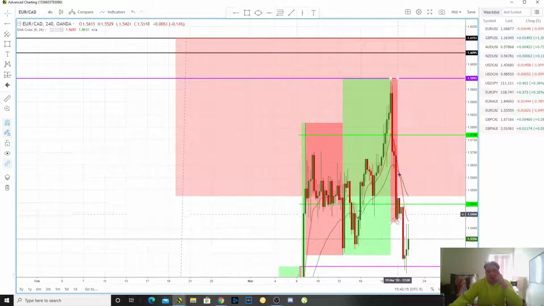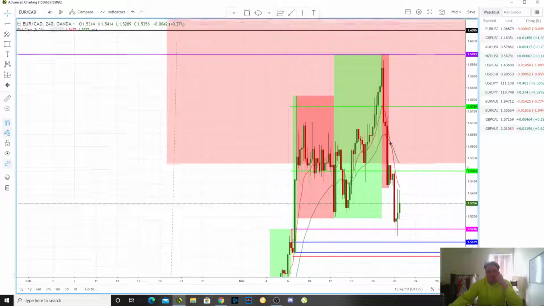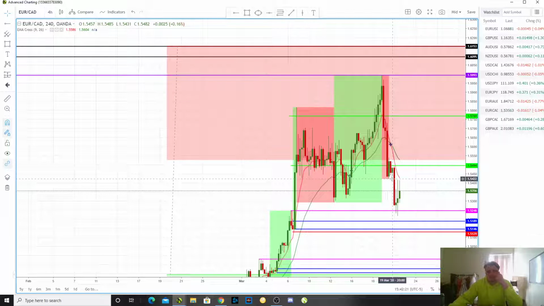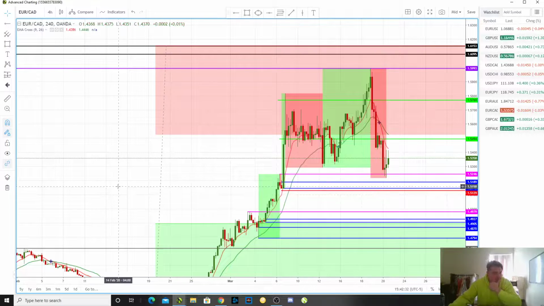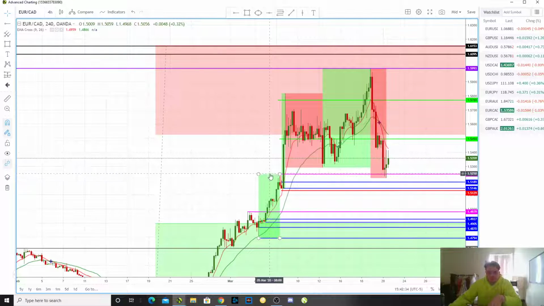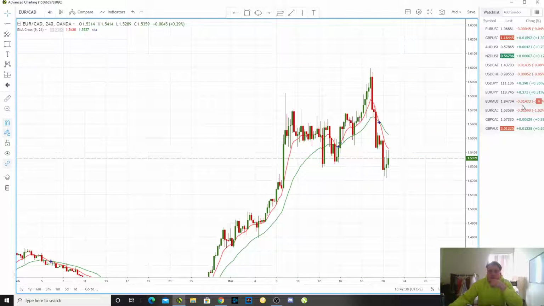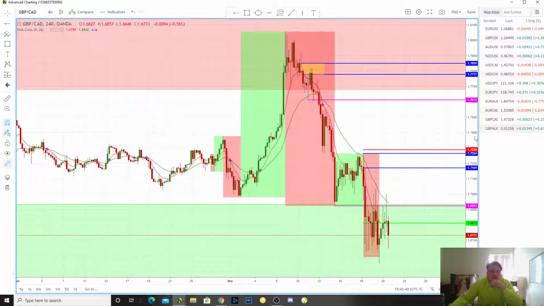You'd probably put your stop just right above the basing. Yep, just right above the base. Take it down to the next level. Delete everything. All right, going on the pound CAD.